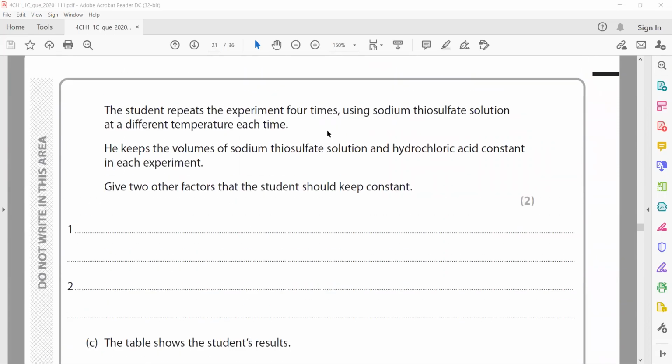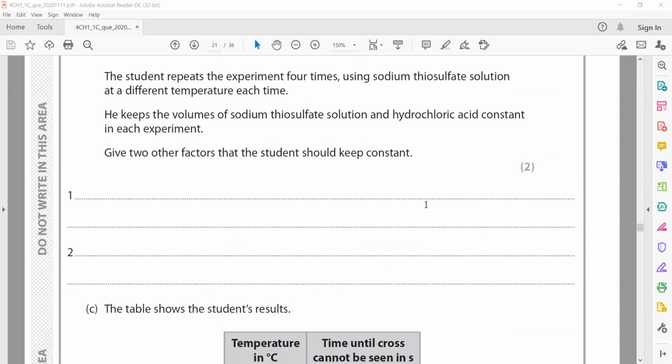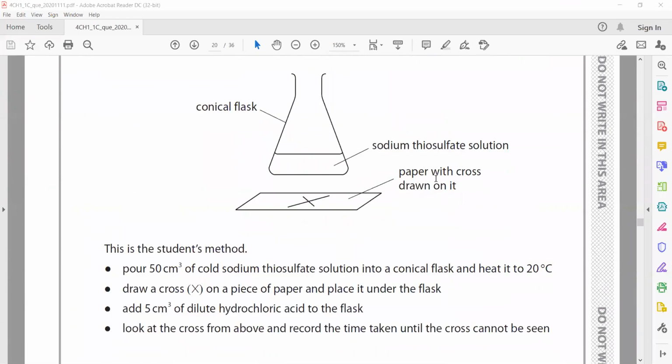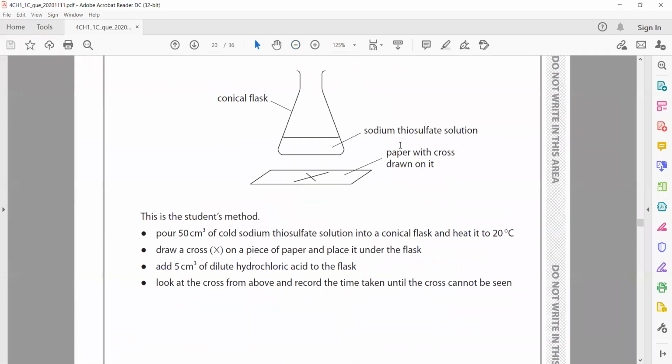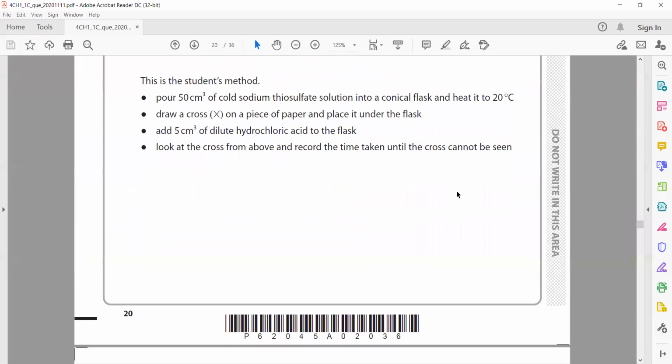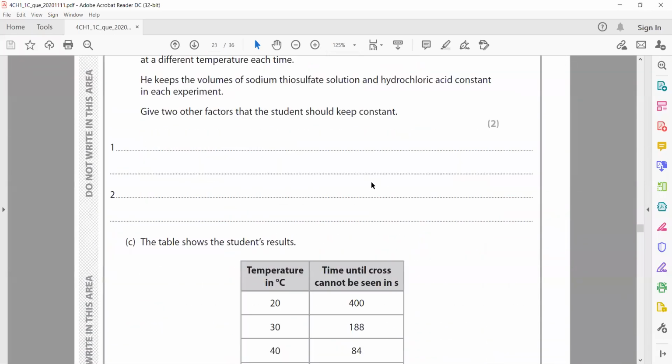Student repeats the procedure 4 times using sodium thiosulfate solution at different temperatures each time. He keeps the volume of sodium thiosulfate and hydrochloric acid constant. Which two other factors should the student keep constant as well? Same conical flask, same depth of the flask, and concentration of HCl.